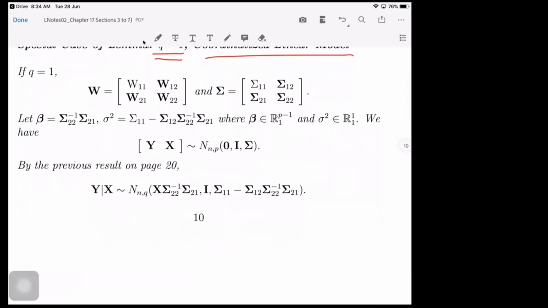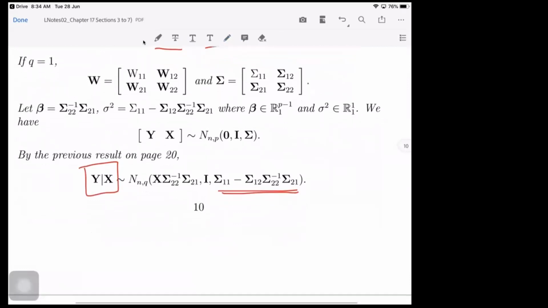We discussed this, and it is familiar to you when we tried to find the conditional distribution of y given x in terms of beta.